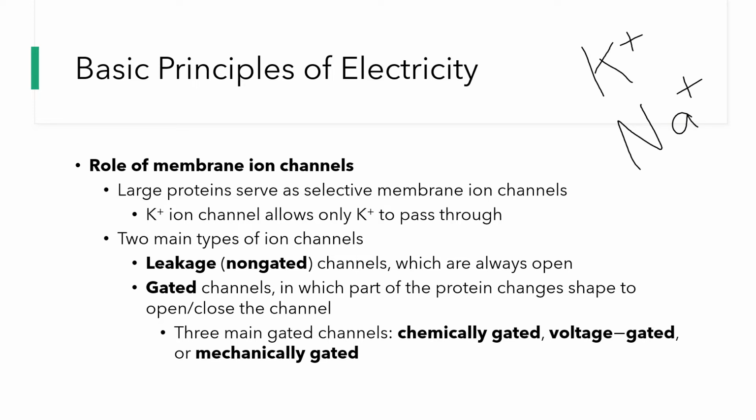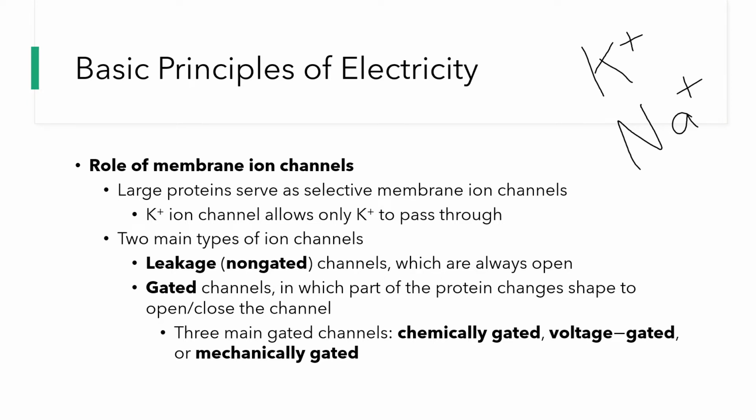Okay, so there are going to be membrane ion channels on the membranes of the neurons, and also on the membranes of the actual muscle cells. These are proteins that allow ions to move through, and they're selective to certain ions.